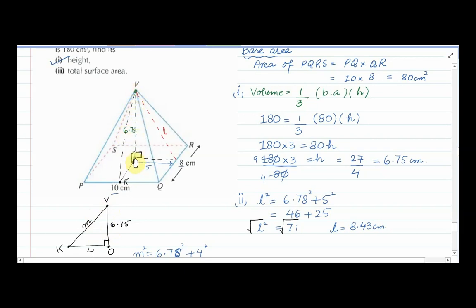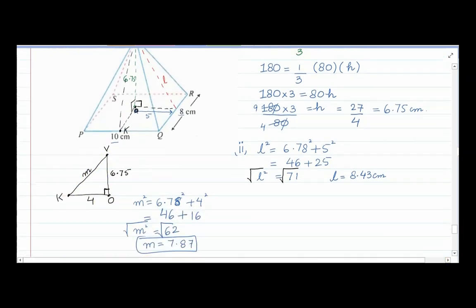Below V we have a center point, and I called it O. From O we have a point K here, and K is at 90 degrees to O, right? So we have a right angle triangle again, in which we need to find the value of M. By using Pythagoras, we found the value of M.